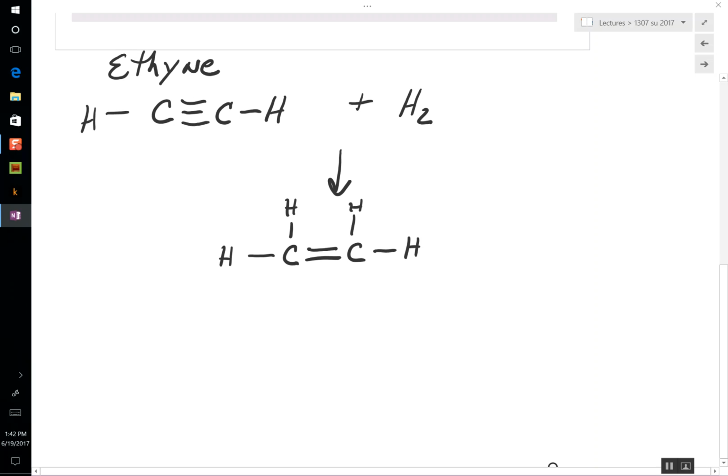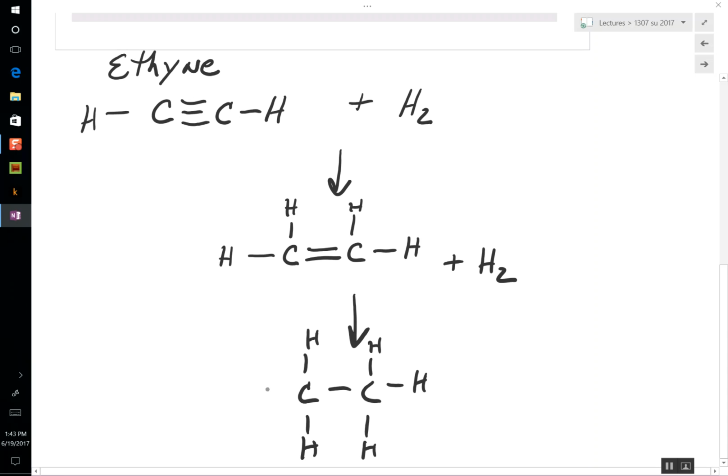To saturate it, you'd have to react it with another molecule of hydrogen, and then you would get down to ethane. So the questions I ask you will concentrate on the reactions with alkenes, but I just want you to see that you can hydrogenate an alkyne.